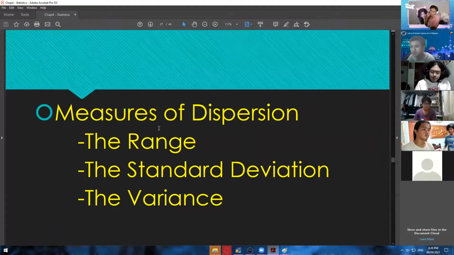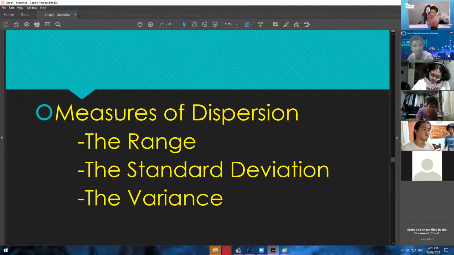So let's now proceed to the measures of dispersion. Let me differentiate the measures of central tendency and the measures of dispersion. Both of them are the basics or fundamentals of statistics. Measures of central tendency is the center, so let's just say it is equal to average.